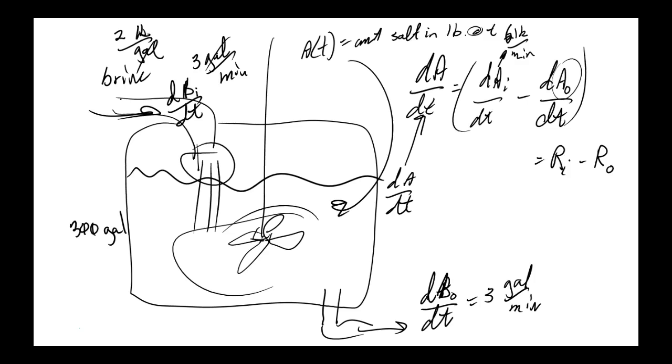So this is the rate in the tank. That's what we got, 6 gallons per minute.